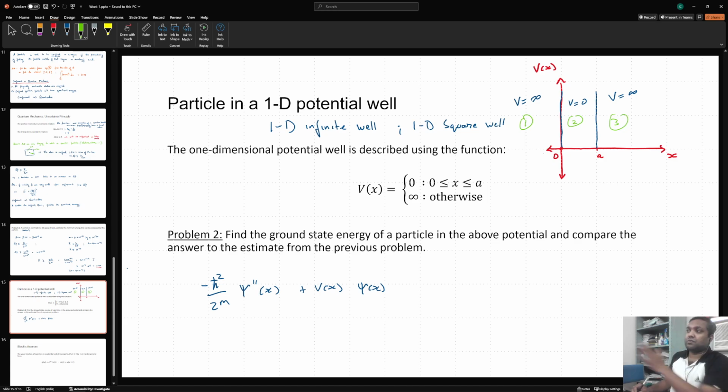Okay, so negative x, x greater than a, and x between 0 and a, equals e times psi of x.